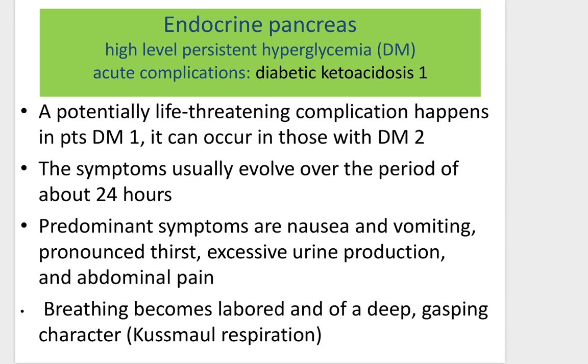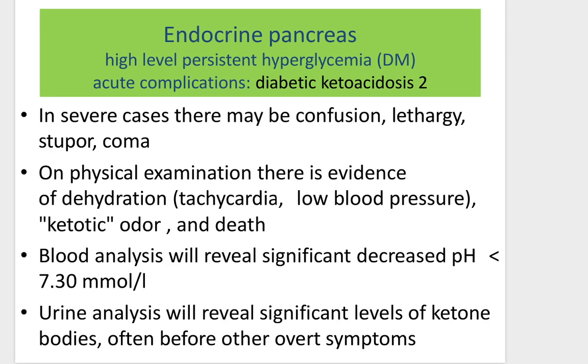These symptoms usually evolve over a period of about 24 hours. Predominant symptoms are nausea and vomiting, pronounced thirst, excessive urine production, and abdominal pain. Breathing becomes labored and of a deep, gasping character, like Kussmaul respiration. In severe cases, there may be confusion, lethargy, stupor, coma.